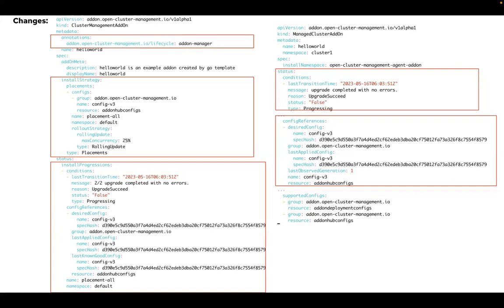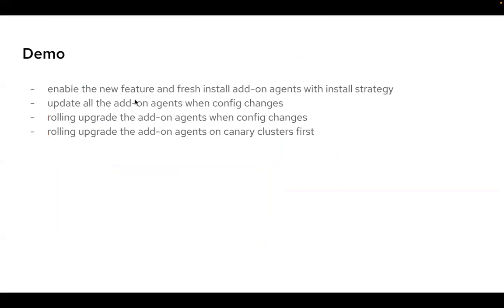And next, I will do a demo to show how we install the add-ons by install strategy, and when the configuration changes, how we upgrade the add-ons on each cluster. So I have four cases to demo. First is to show how we can enable the new component add-on manager and do a fresh install with install strategy.